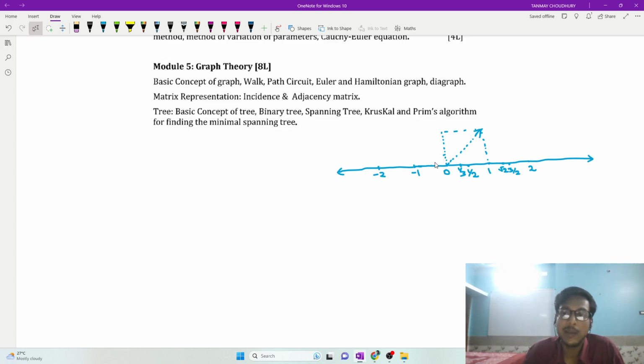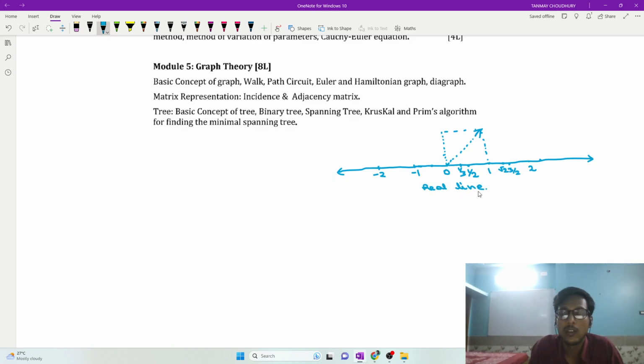So for each real number there is a unique point on this real line and vice versa. That means for each point on this line there exists a unique real number. That means there is a one-to-one correspondence between the real numbers and the points on this line. We call this line the real line.